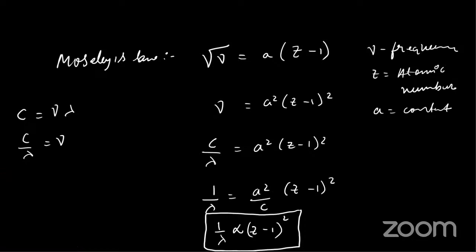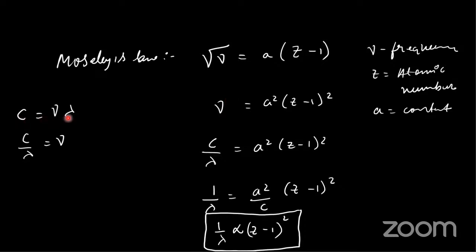There was Moseley's law, which was root of frequency is equal to a into (Z minus 1). Simple. Let me take the square root to the right-hand side, it becomes a square, and (Z minus 1) squared on the right-hand side. And C is equal to f lambda. This is a very simple thing which we will learn from 11th.